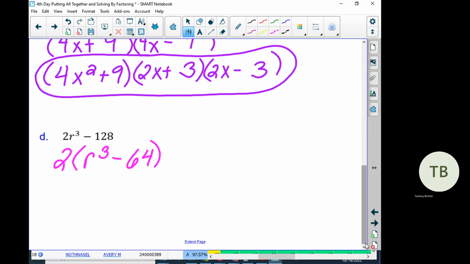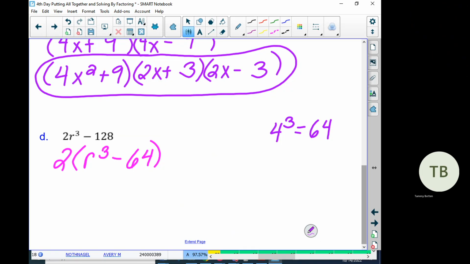How you check that is that your variable has to be to the third power or the 6th power. If it's minus, you have difference of cubes, and this has to be a perfect cube. And if you look on the back of your flow chart, 4 to the third power is 64. So 64 is a cube.